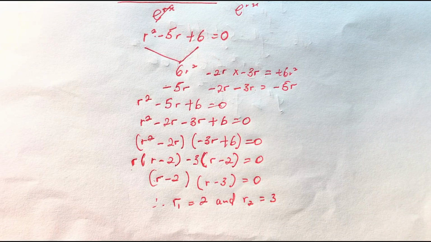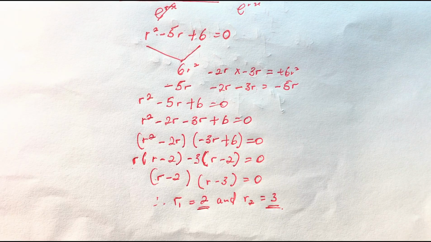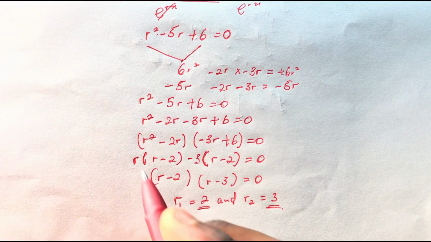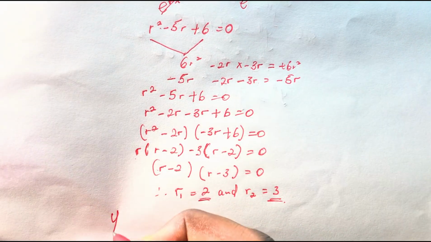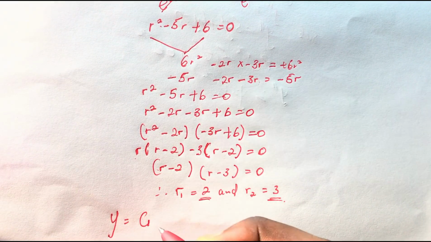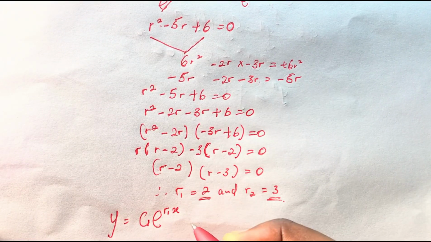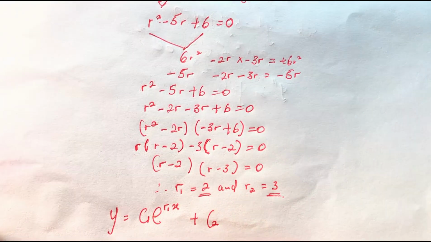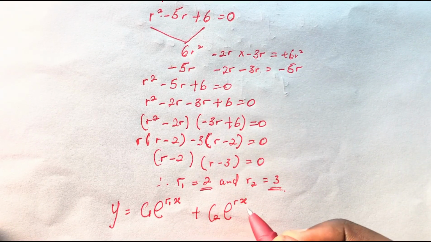We are not done with solving the second order homogeneous differential equation. So what are we going to do next? From the formula, y equals c1 exponential r1 x plus c2 exponential r2 x.